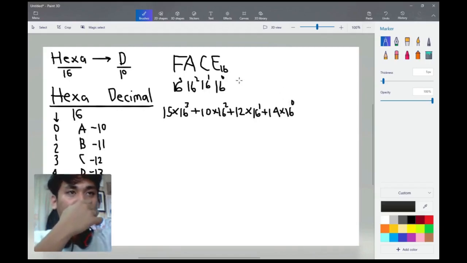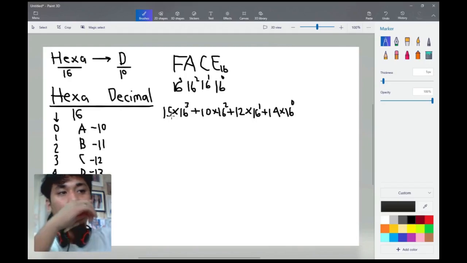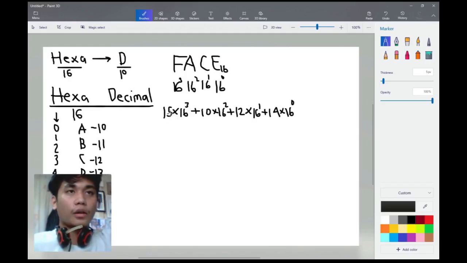First, 16 to the power of 3 is 4096 times 15, it's 61,440.